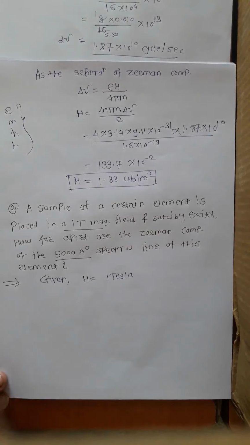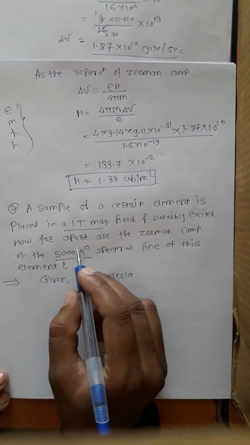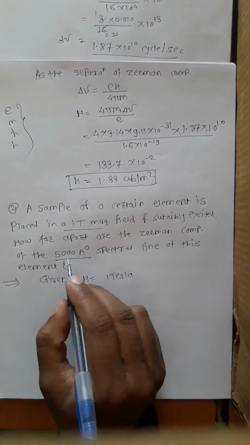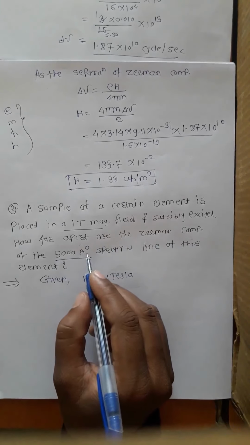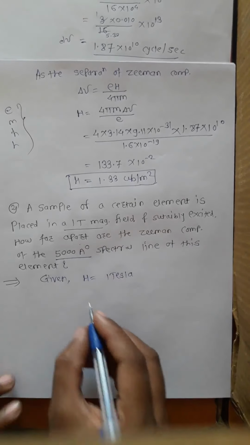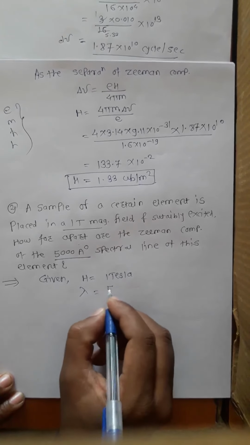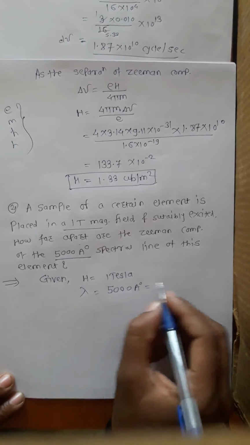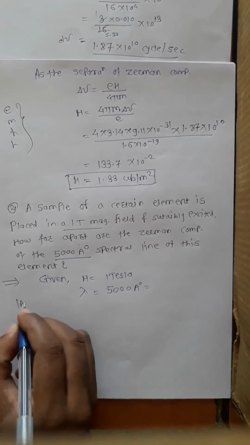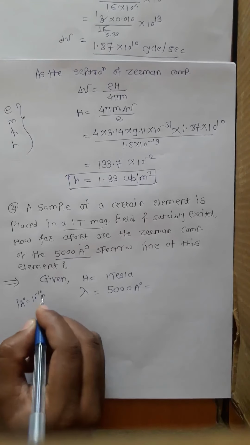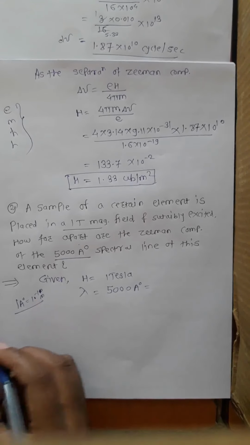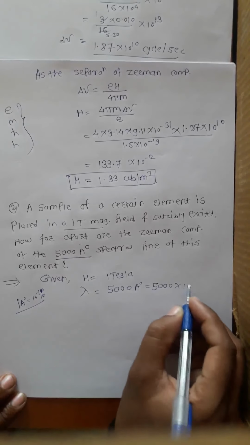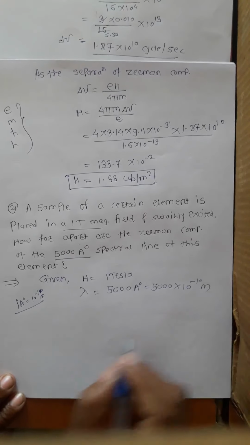Then the Zeeman component of the 5000 angstrom, that will be the wavelength. Lambda is equal to 5000 angstrom. 1 angstrom means 10 raised to minus 10 meter. Remember this relation: 5000 into 10 raised to minus 10 meter.